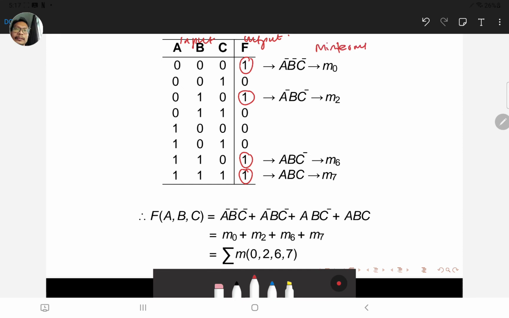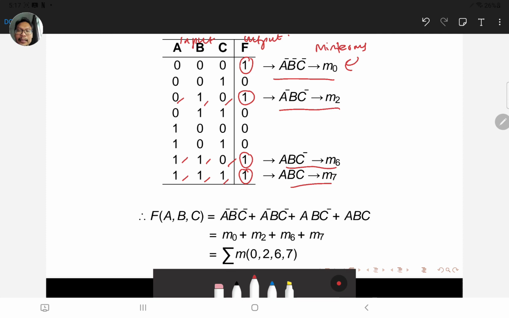The min term at 0 0 0 is A bar B bar C bar, so we keep this because it's a 1. We keep this one as well, A bar B C bar. And we keep A B C bar, and also A B C. So we are keeping all those in.